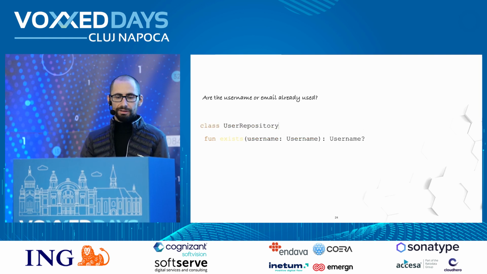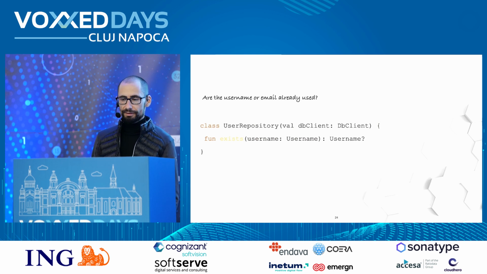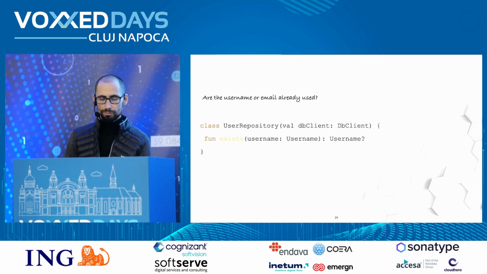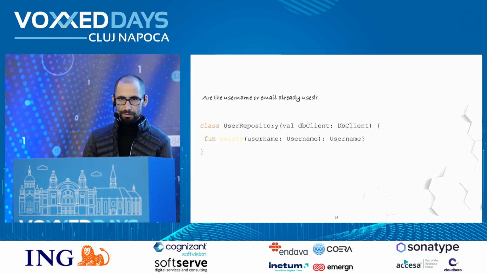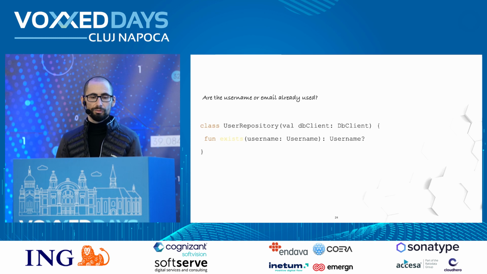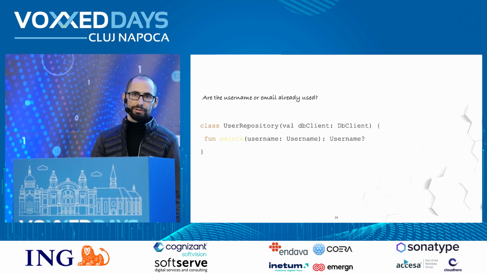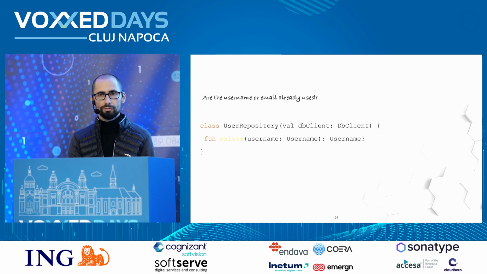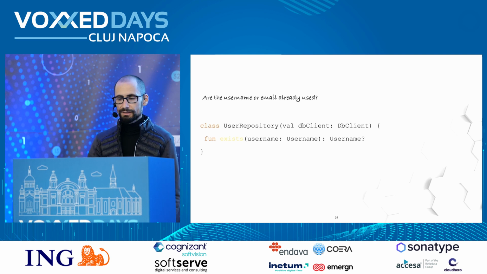Of course, there are other techniques that I'm not going to go into today, like currying and partial application and so on. But what we can do is create a class. I think everyone can relate to this one, where we can pass the DB client as an argument to the class constructor and partially apply that DB client to all the functions inside our class.